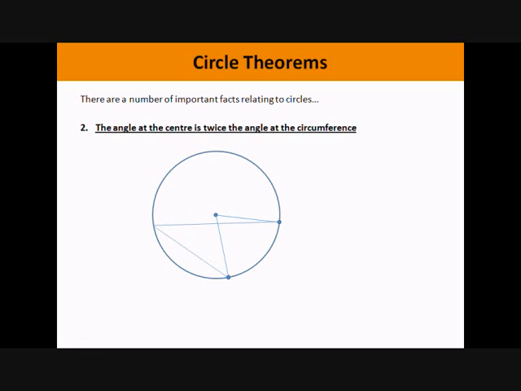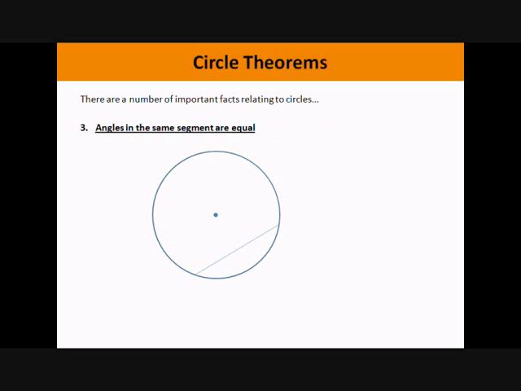Or it could even be that they cross over like that, but you've still got an angle from 2 points up to the center, and then an angle from the same 2 points up to the far edge, up to the circumference. So the one at the center is always twice as big as the one at the edge in that case.